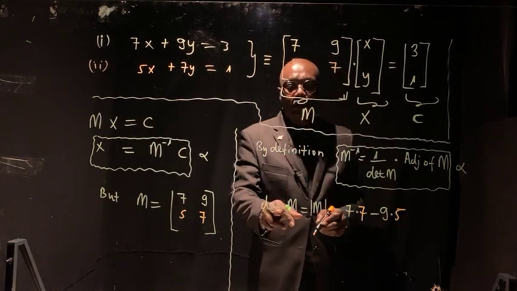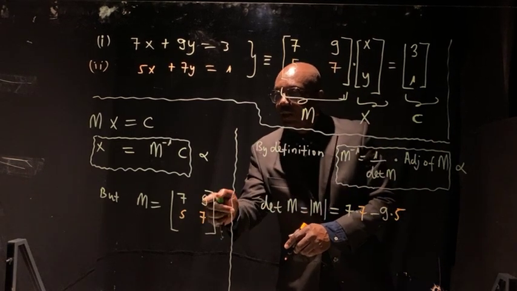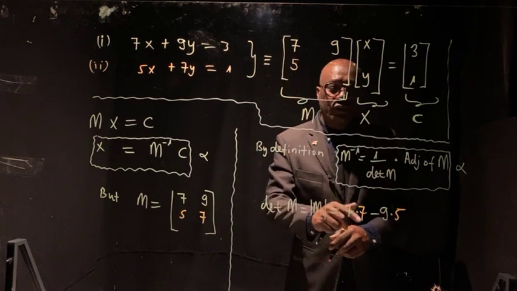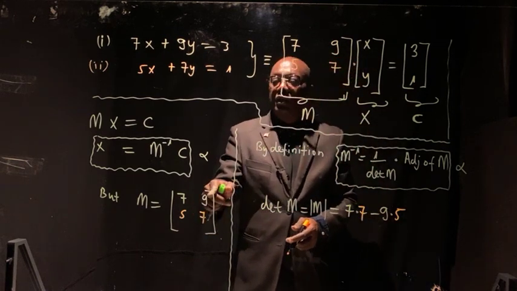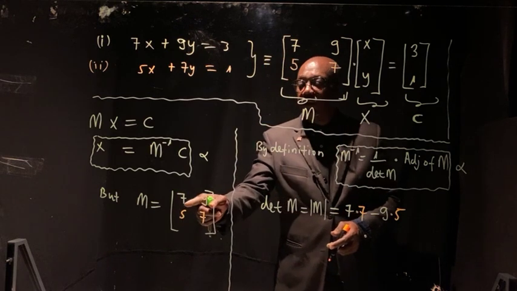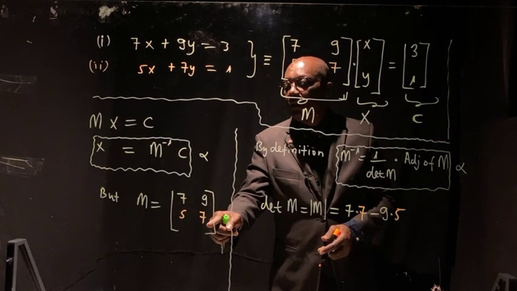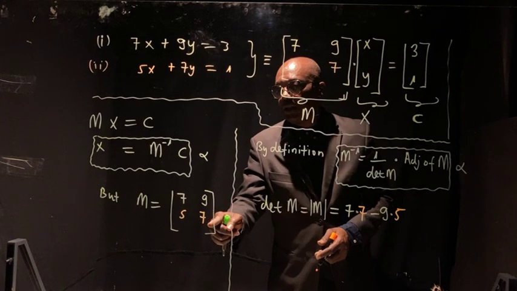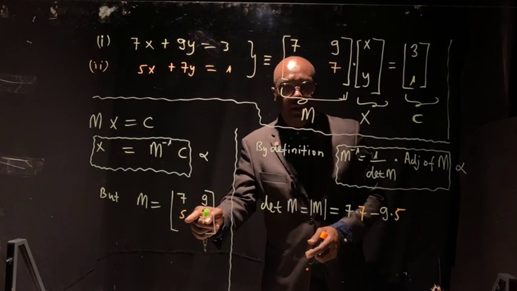So the determinant of M is 7 times 7 minus 9 times 5. For any 2 by 2 matrix like this one, the determinant is whatever is here times whatever is here, minus whatever is here times whatever is here.